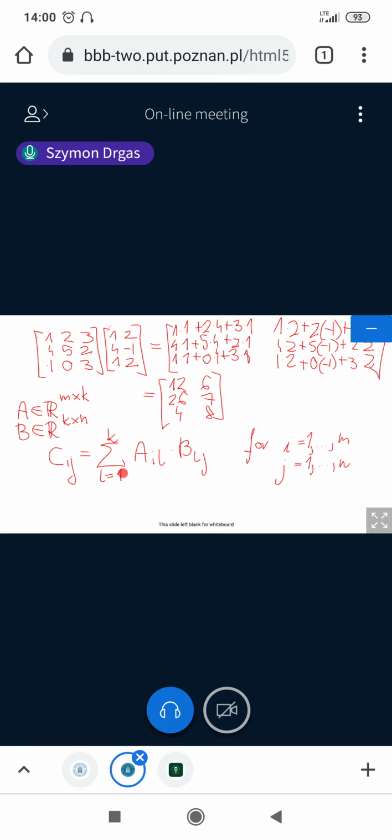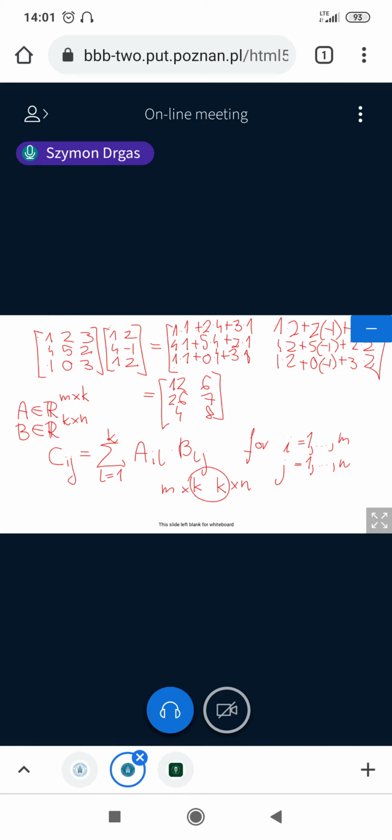So if we want to multiply a matrix which is m times k, so m rows, k columns, times k times n, these two k's have to be equal, otherwise we will not be able to multiply such matrices.